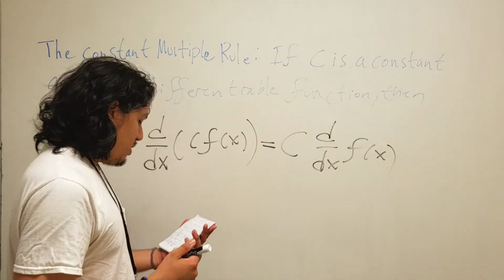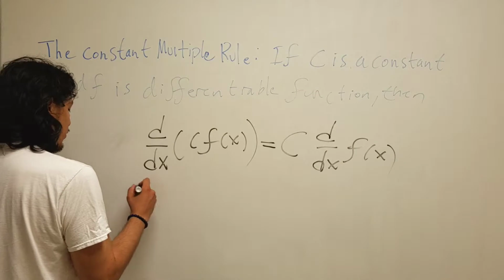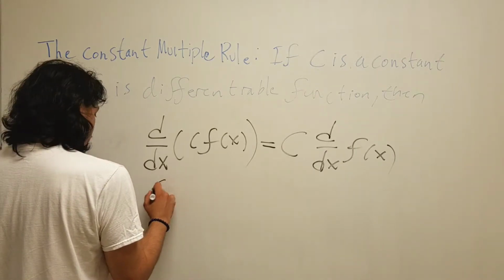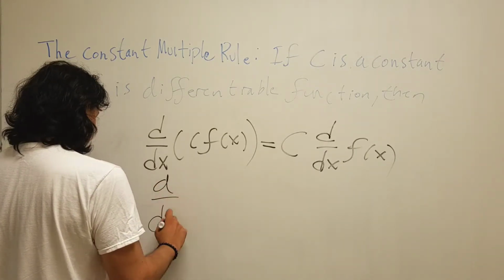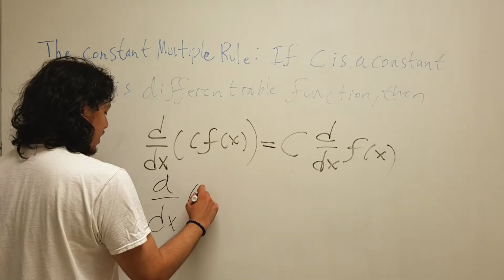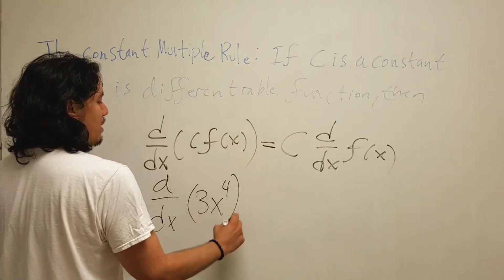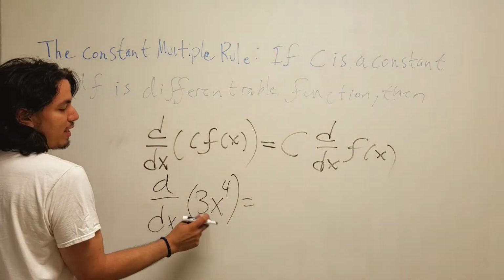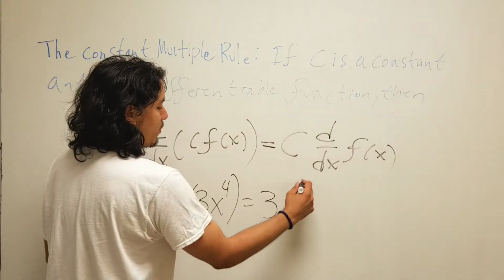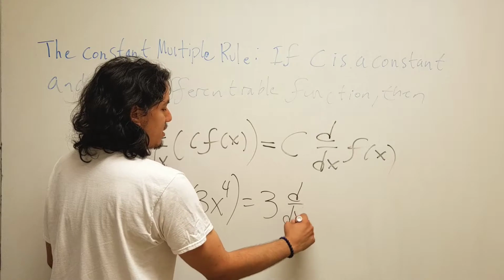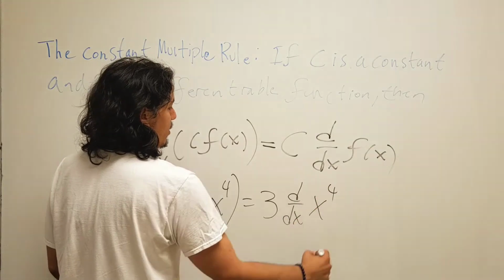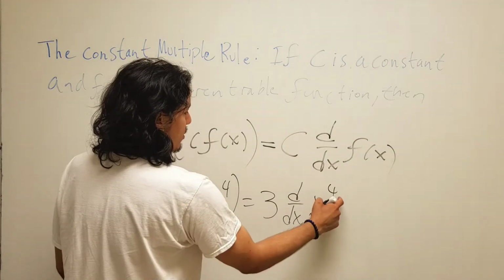So for example, if I gave you the derivative d dx of 3x to the fourth, what's happening is this. You're taking out the 3, so the 3 goes in front, d dx of x to the fourth. And then you're going to take the derivative of this.